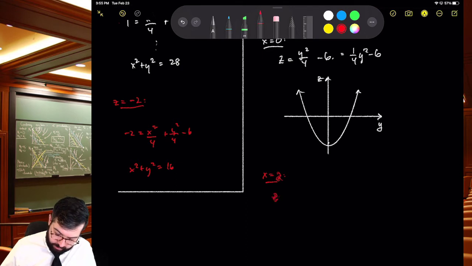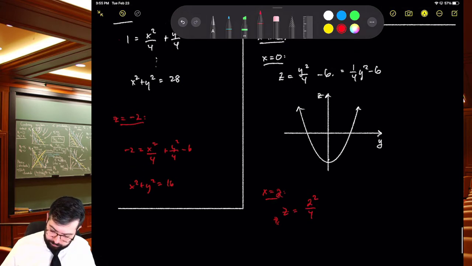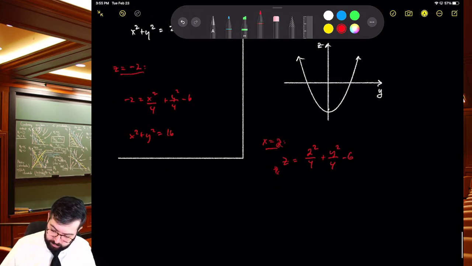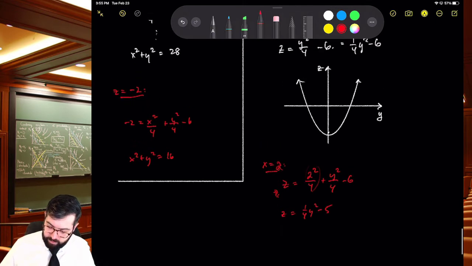Then z equals 2 squared over 4 plus y squared over 4 minus 6. So that's z equals 1 minus 5, so that's really 1/4 y squared minus 5. So it's just the same parabola, but shifted up.